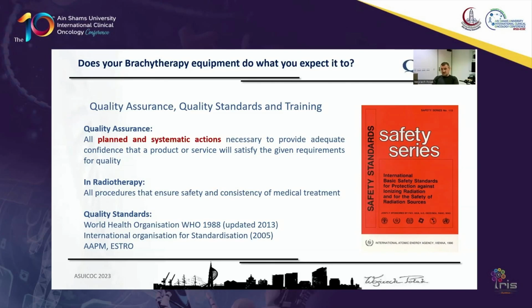And we have quality standards that help us to establish quality assurance, like the World Health Organization from 1998, updated in 2013, the International Organization for Standardization, and we also have more local quality standards given by AAPM, ESTRO, and other national agencies. So we do have tools to establish this kind of safety protocols in our clinic.